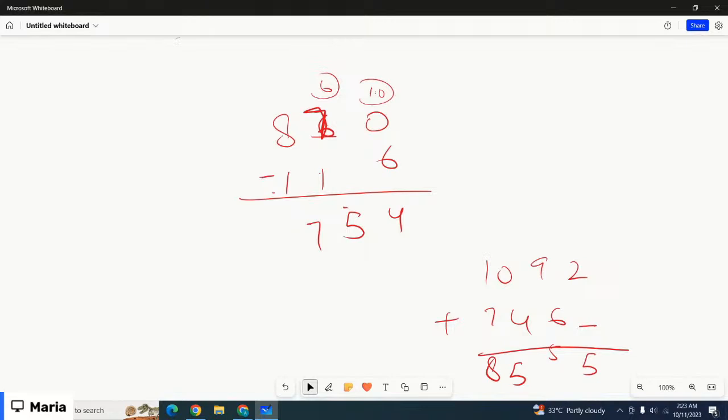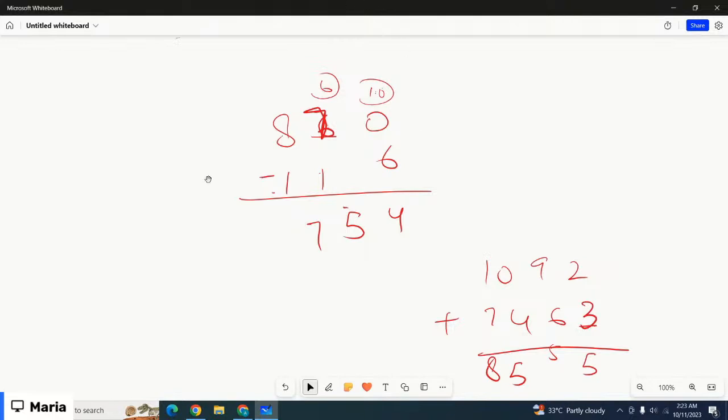See again. 0 minus 6 is not 4. That means you need to borrow 1, right? So if you borrowed 1, add that one also here. It would be then 7, isn't it? 2 plus 3 makes 5, right? So that would be 3.